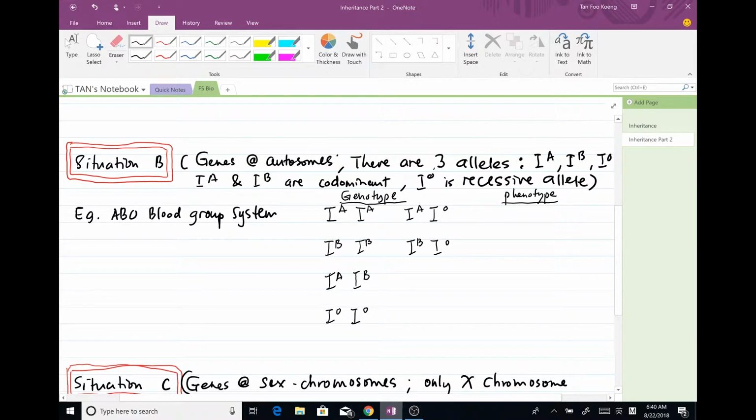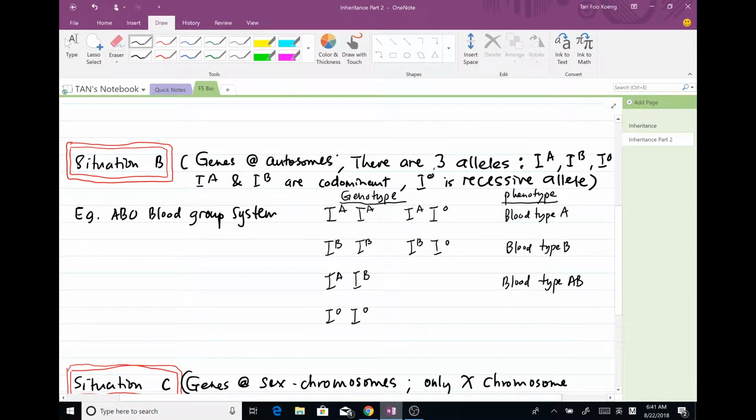since IA is dominant over IO, only the phenotype of IA will be expressed, and in this case, this man will have blood type A. IB, since IB is also dominant over IO, which is a recessive allele, this man, regardless of whether it is IBIB or IBIO, will have blood type B. IA and IB are codominant, that's why this man has blood type AB.